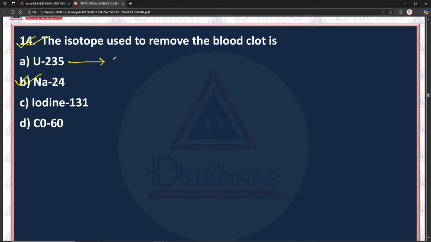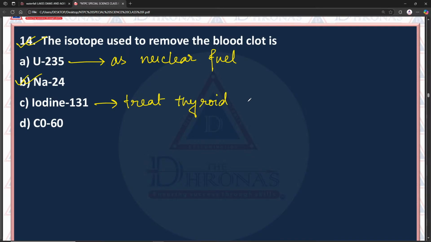Uranium 235 is used as nuclear fuel. Iodine 131 is used to treat thyroid cancer. Cobalt is used to kill cancerous cells.